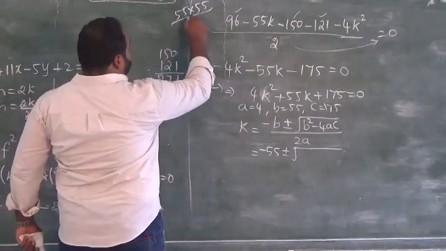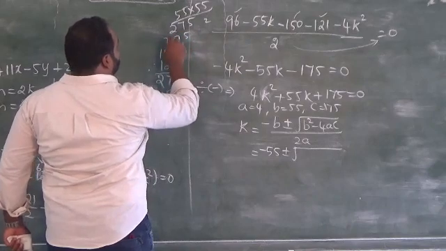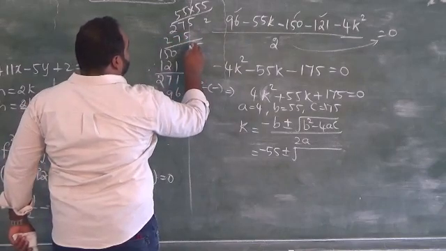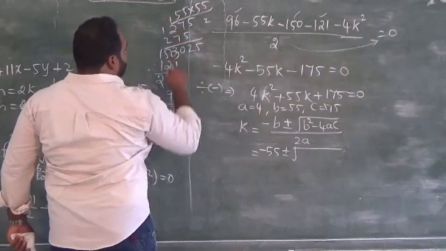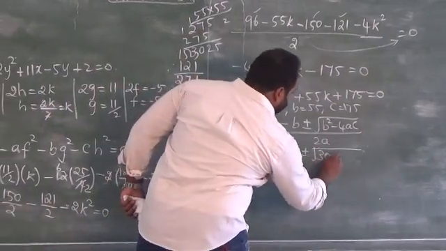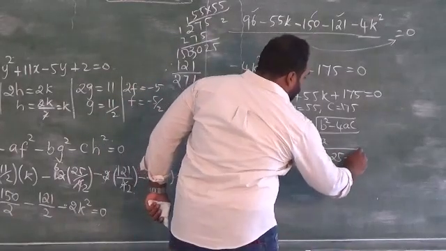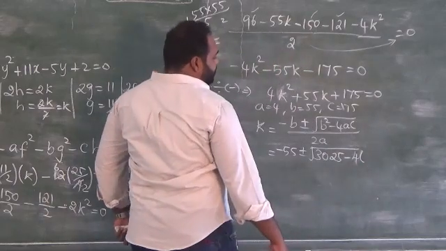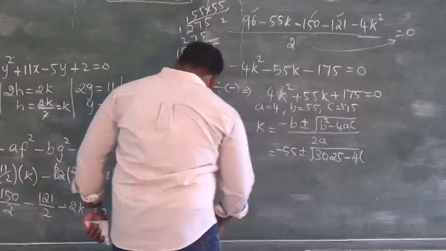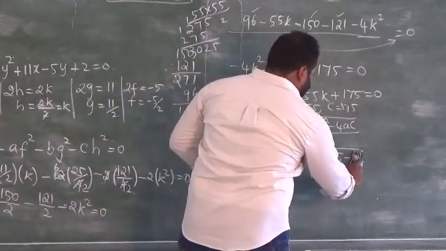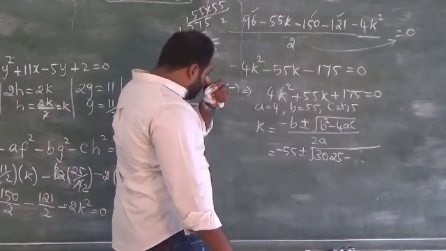b square is 3025, minus 4 into a value. Here we can directly apply the values, no need to take more steps because we are very familiar with this formula.